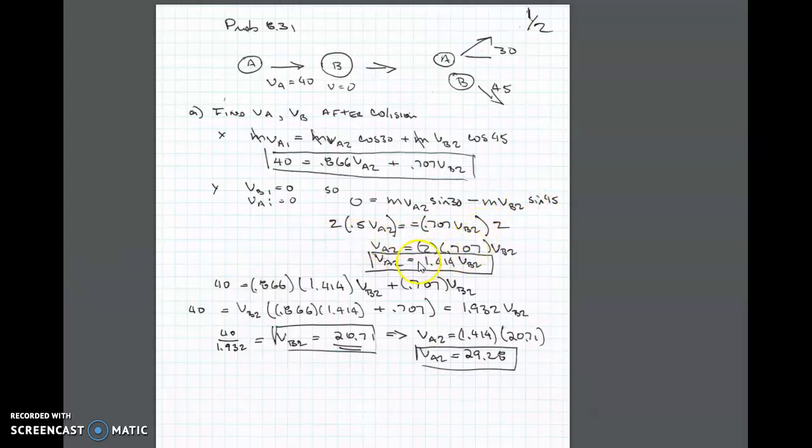Equate those, and you can solve for V_A2 equals 1.414 times V_B2. Now you've got the velocity of A2 in terms of B2. We plug that into the original equation, solve for B2 and then A2, and that tells us what the velocities are.